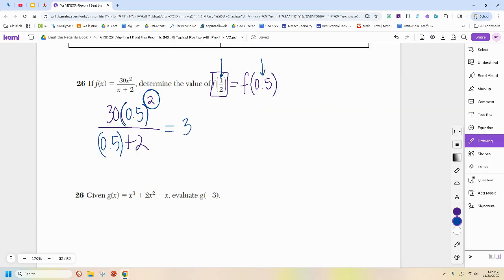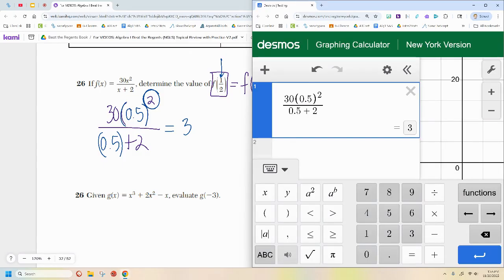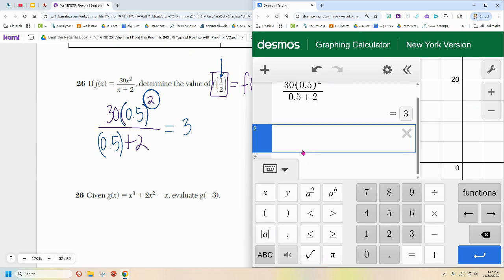Now, if you wanted to check your work or evaluate a different way, this is the second way to evaluate. You plug in the function f of x, so type in the equation just as you see it, equals, divide 30x squared over x plus 2.